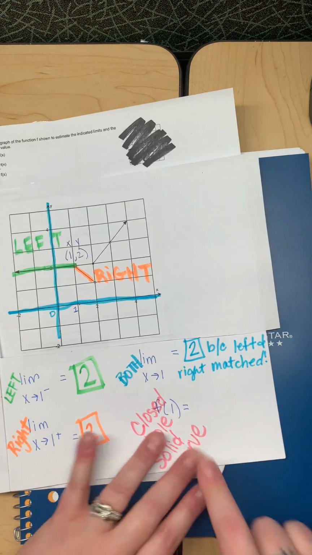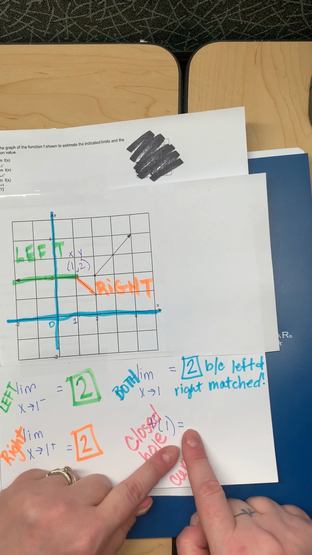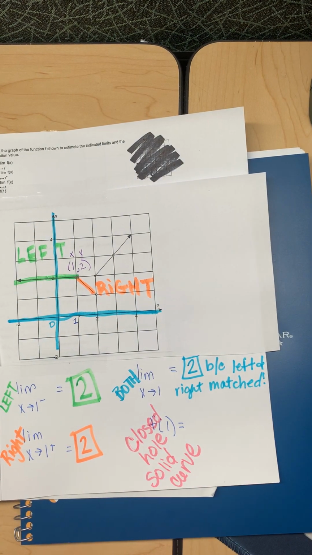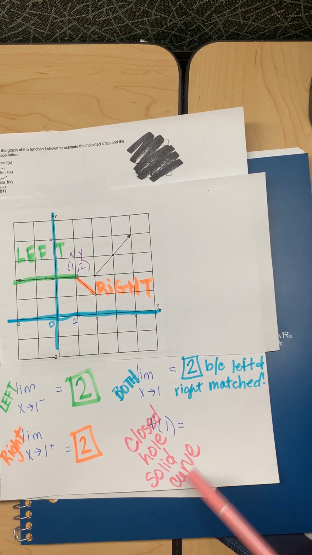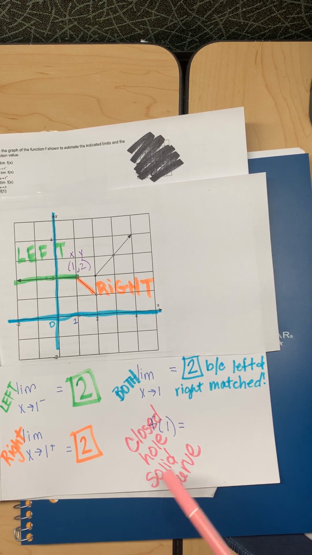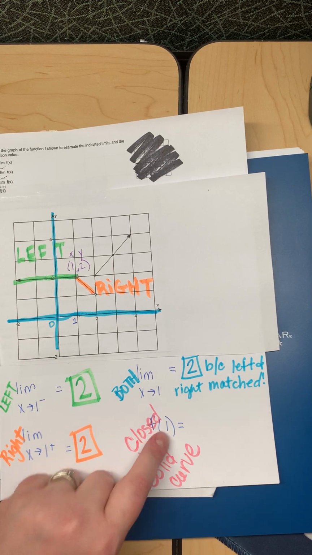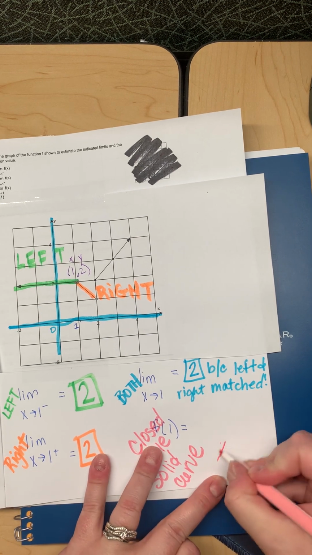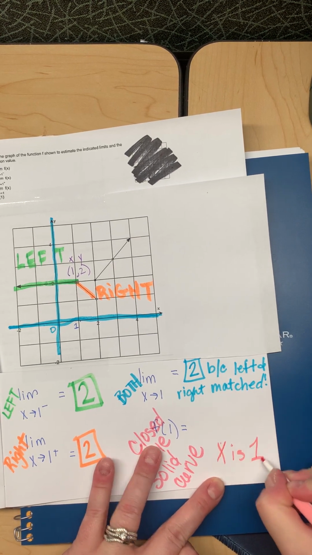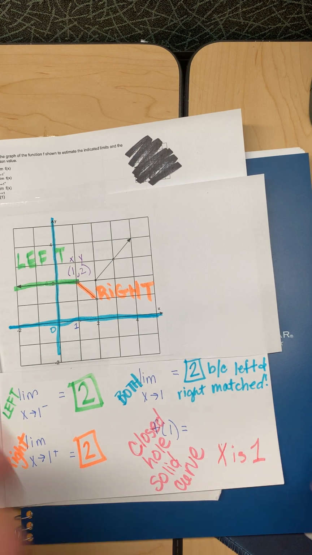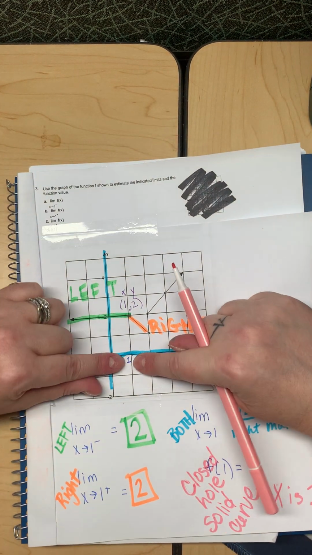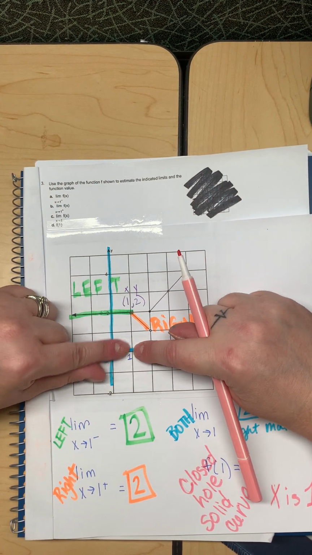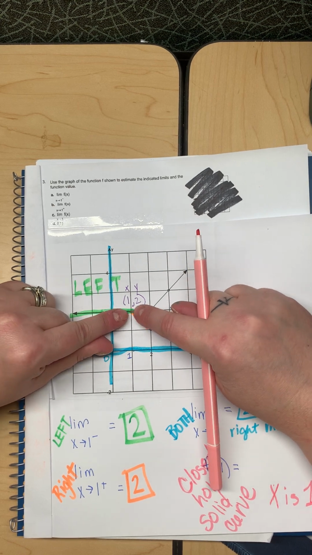Okay, now let's look at this one, f parentheses 1. It's still asking for your y value, but it's asking for your y value of whatever has a closed hole or is a solid piece of the curve when x is 1. So this is still describing x is 1. So let's go back to where x is 1, right here. Let's find the piece of the curve right here.